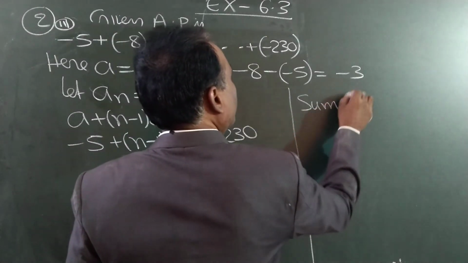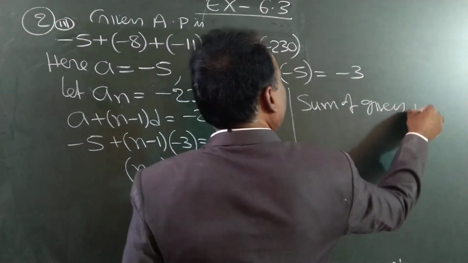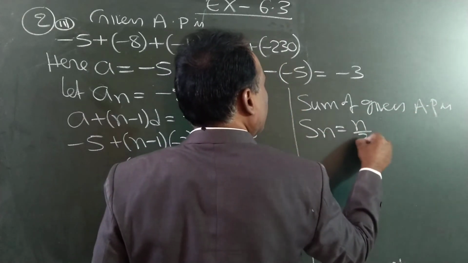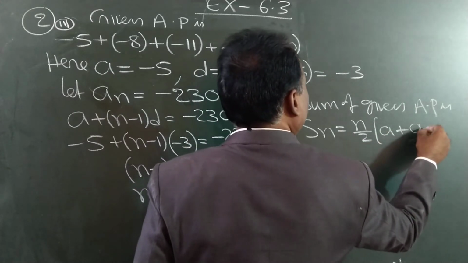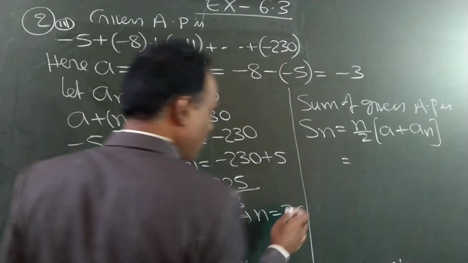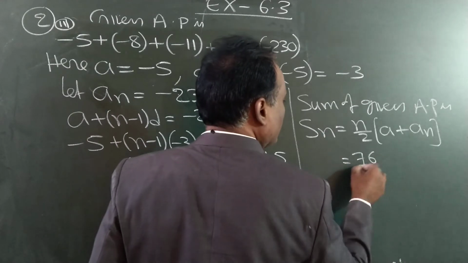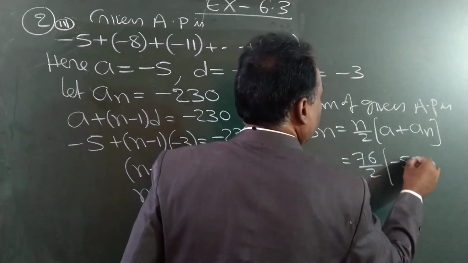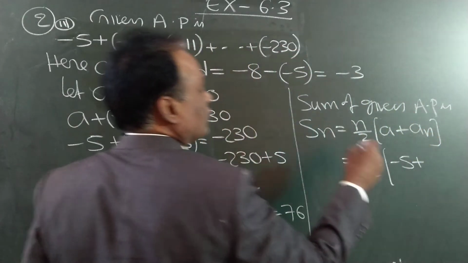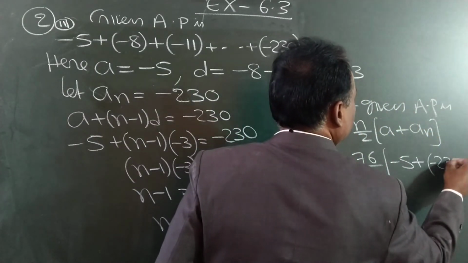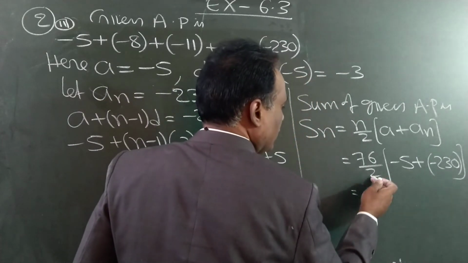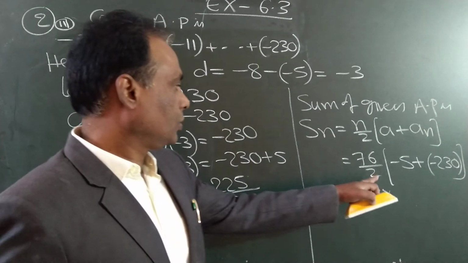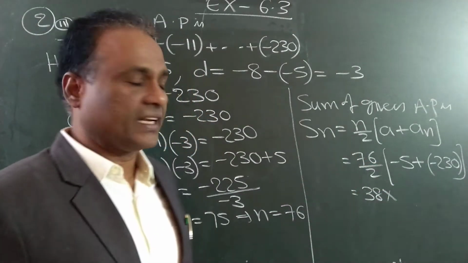The sum of the given progression is Sn equal to n by 2 into first term plus last term. The number of terms we got is 76, so 76 by 2 into first term minus 5 plus last term minus 230. 76 by 2 is 38.